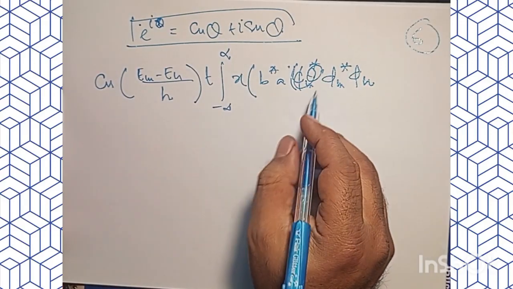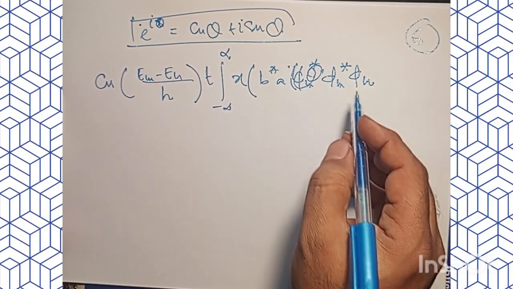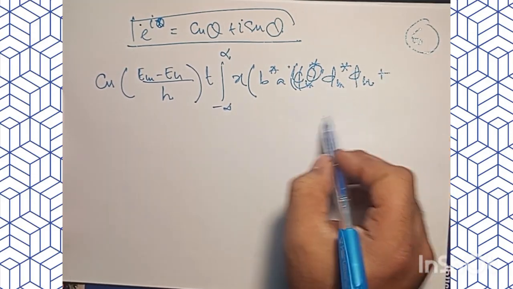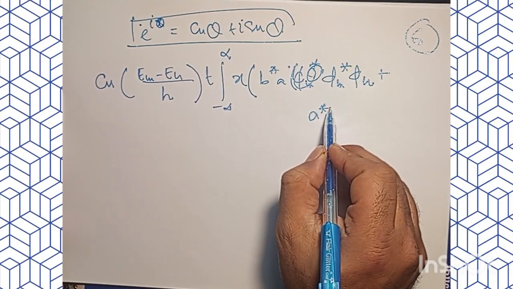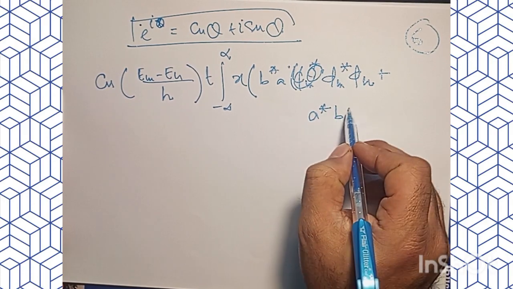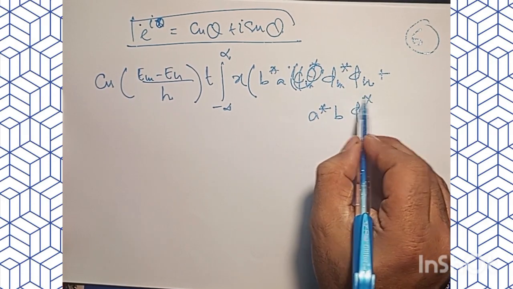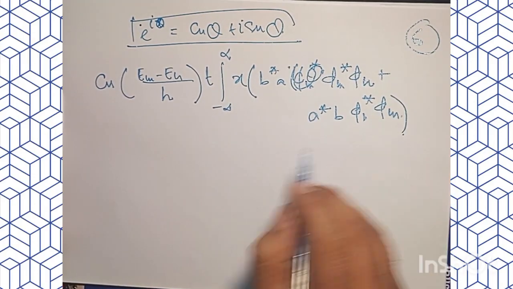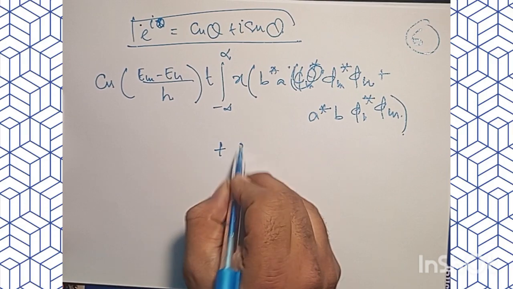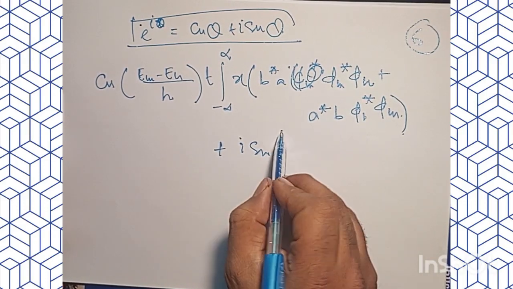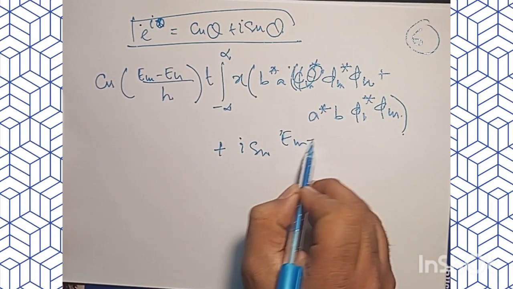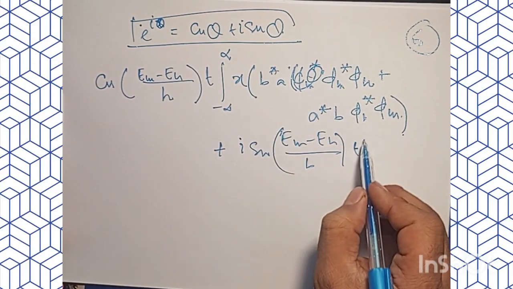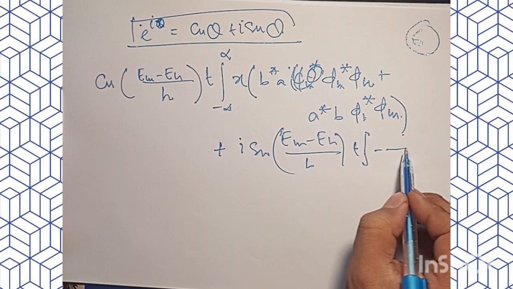Then there will be a plus, and then a star b, phi n star and phi m. And then we will have plus iota sine of (Em minus En) by h times t, and the same thing repeated in terms of the integral.